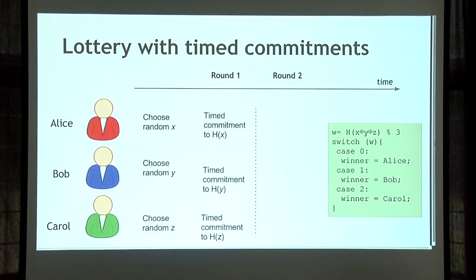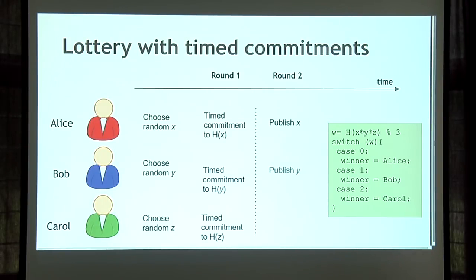So how can we use this primitive of timed hash commitments to do a more secure lottery? We'll have almost the exact same structure as before, except instead of using the simple hash commitments, now everybody is going to use a timed commitment, where if they don't reveal their random value by a certain time, there's a bond that the other two players will get to keep.